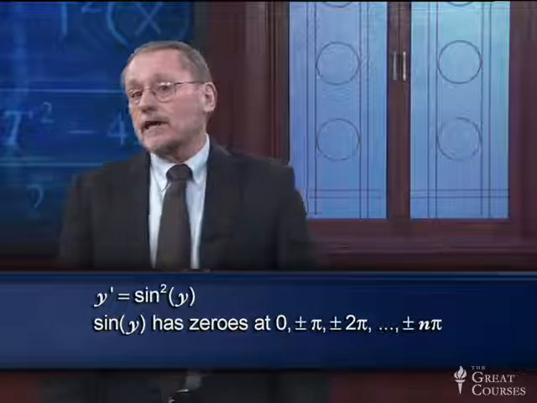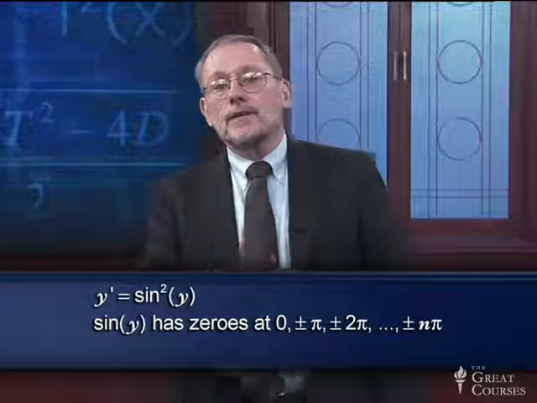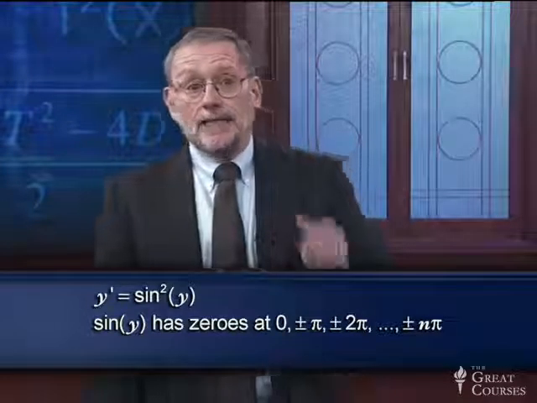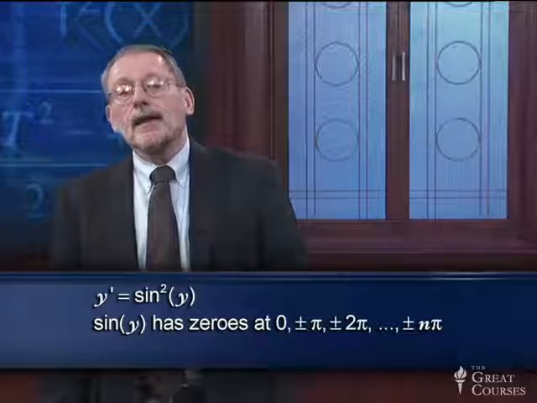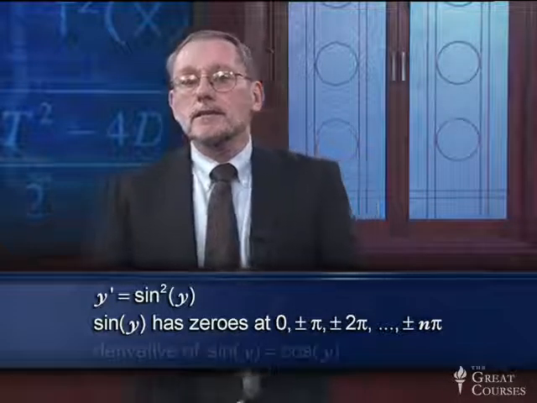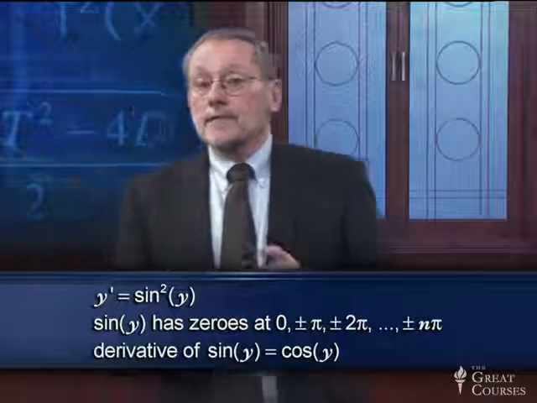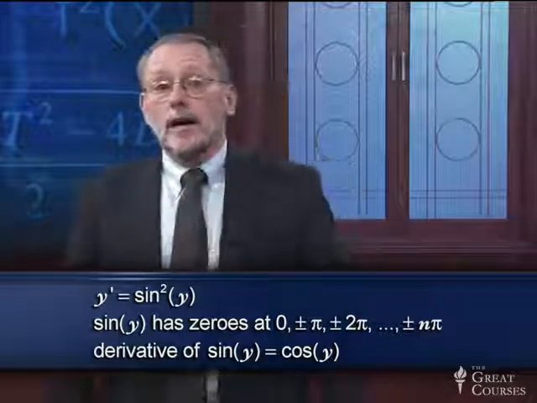So the right-hand side of this differential equation has infinitely many equilibrium points at plus or minus n times pi for each n. And from calculus, we know that the derivative of sine y is cosine y.